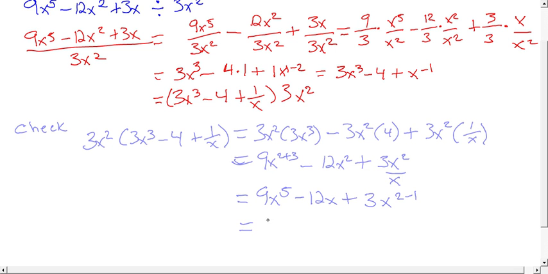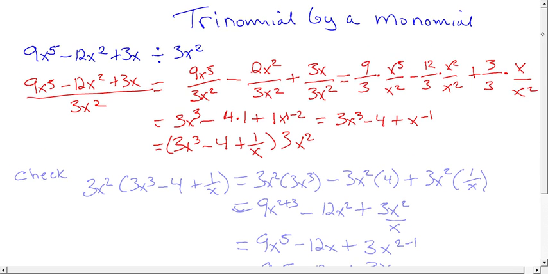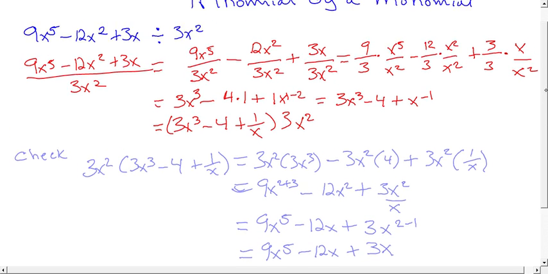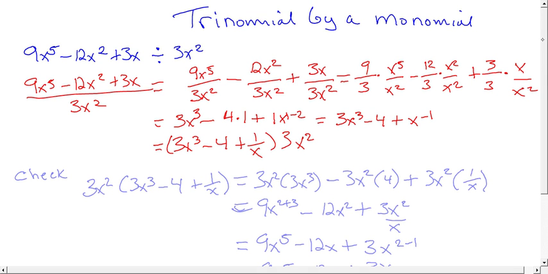Okay, now we have 9x to the 5th minus 12x squared plus 3x. So again, we had a little bit of challenge there, taking the actual 1 over x and distributing that. But as long as you follow the exponent rules, you'll be fine. You might want to look at this video a couple of times and just work it step by step to make sure you definitely understand it.